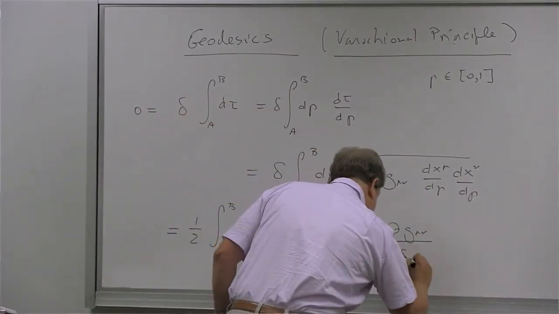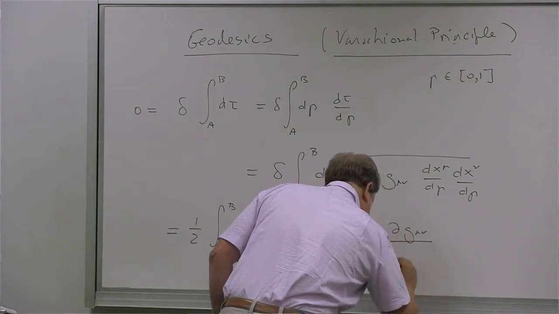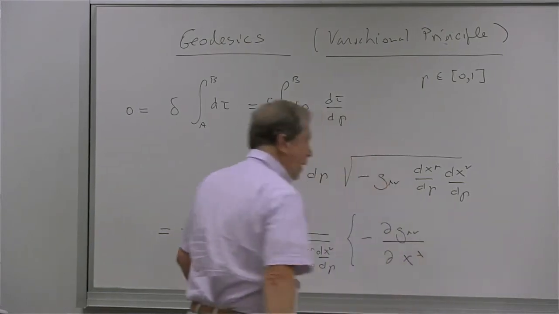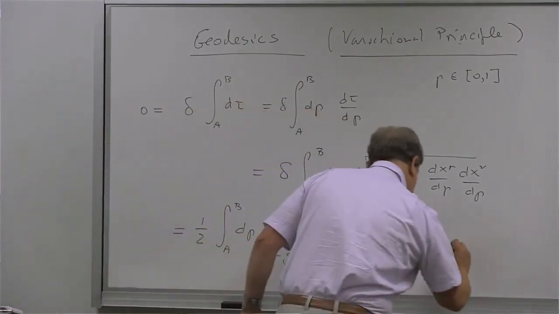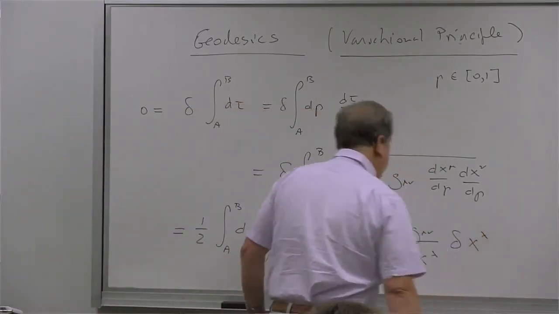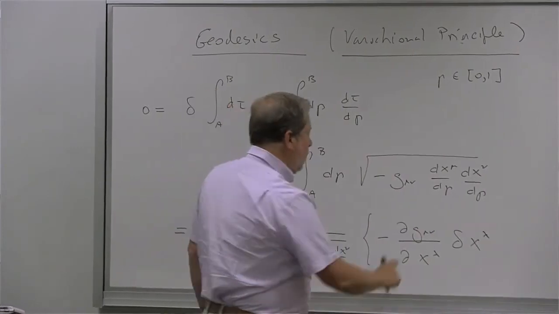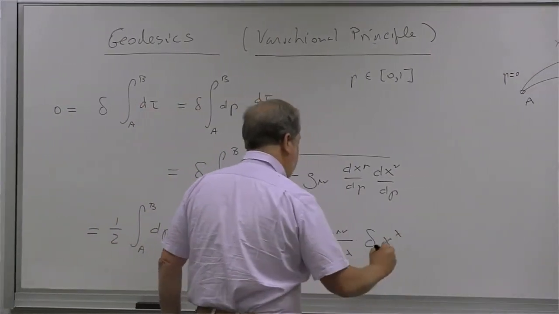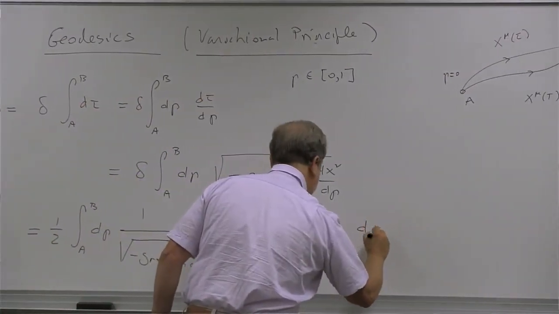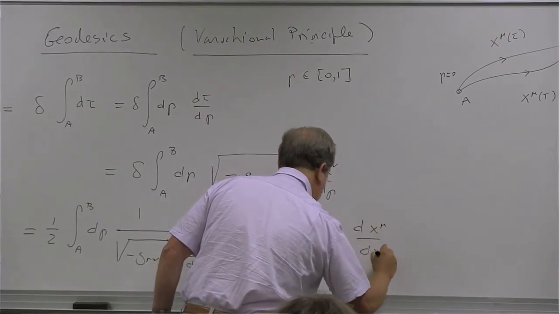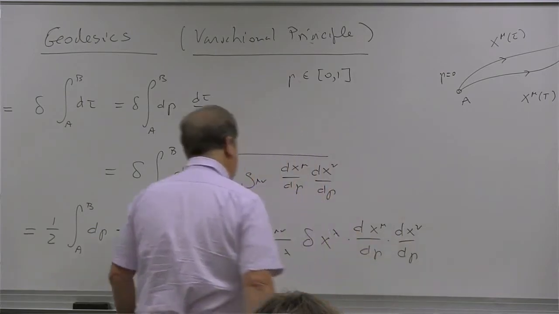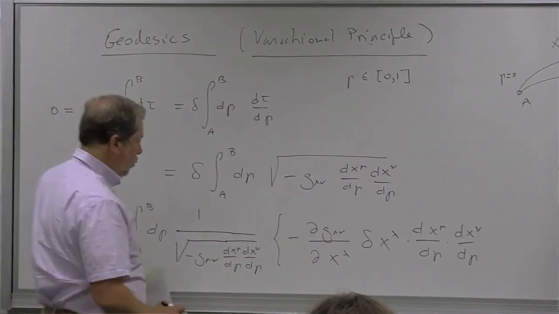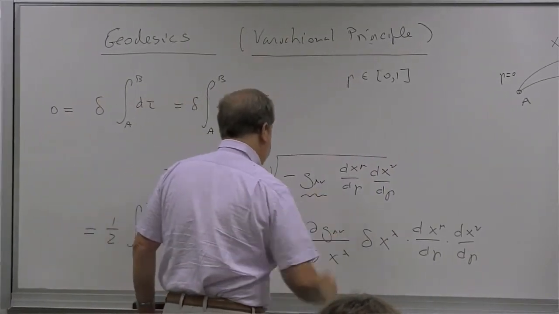We're going to call that with respect to dx lambda, and then times the variation dx lambda. So that's the first thing, times, of course, these two terms, which we just carry over: dx mu by dp and dx nu by dp. So that's the variation of the g mu nu.